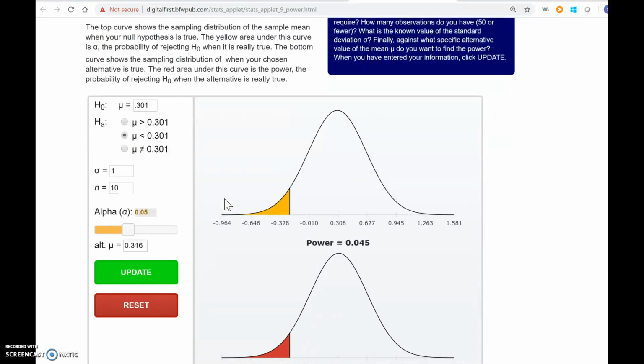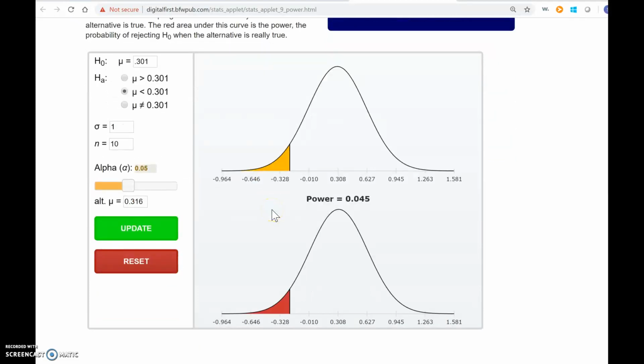And I just realized that this is a applet for means. Yeah, whatever. I guess it'll still illustrate it, I guess. Sorry. Then this is going to be our alternate hypothesis. It says means, but it doesn't really matter, I guess.